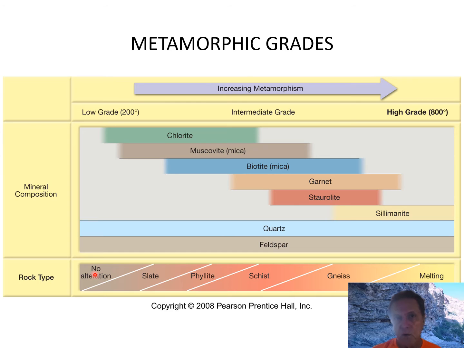Through increasing metamorphism, that shale will then change into a slate, and then into a phyllite, then into a schist, into a gneiss, that's pronounced nice. Each one of these rocks, slate, phyllite, schist, and gneiss, is a distinct, different rock with different texture, different grains, different structures, and even different minerals in it.